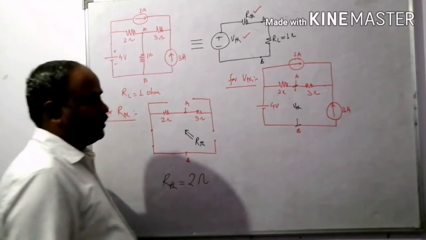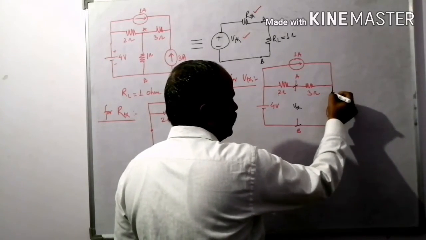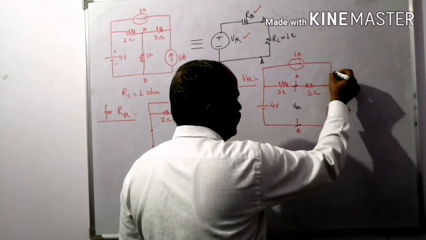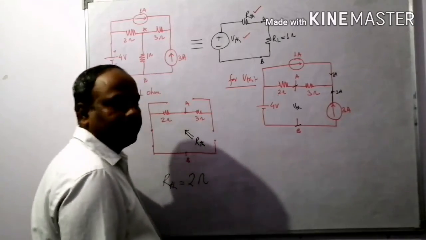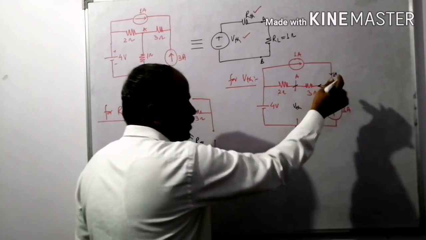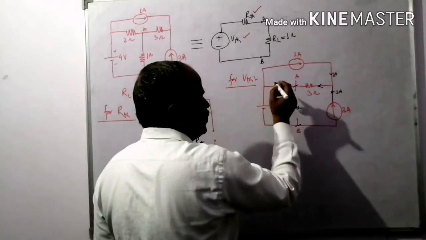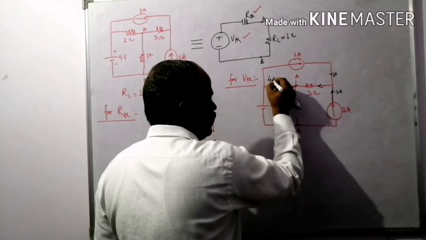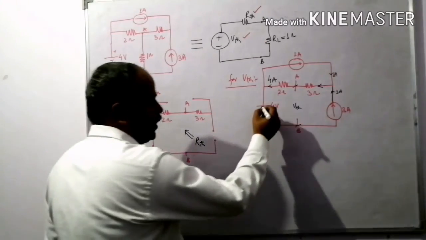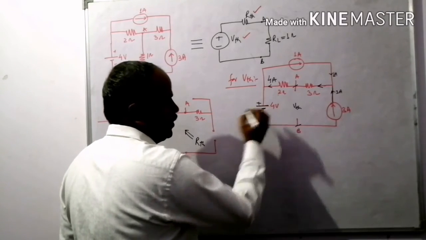How can you calculate? See, this one is 3 ampere. Here the current is 1 ampere. This 3 and 1 is going to pass through this branch. So the current in this branch is 4 ampere, which is opposite to the direction of this voltage source, plus minus.